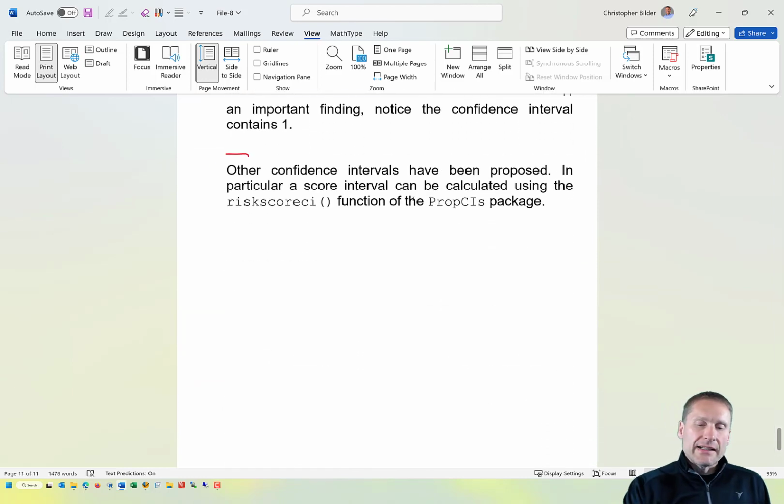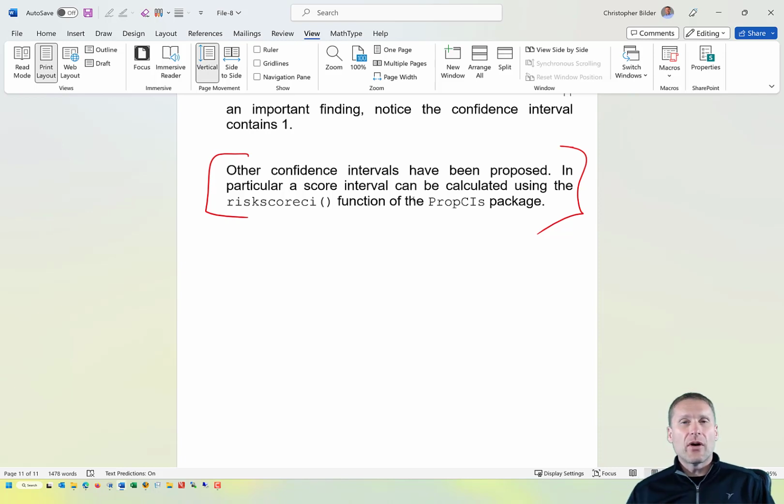Okay. Lastly, similar to what we've seen before for confidence intervals for pi 1 minus pi 2, there have been a number of other confidence intervals proposed for the relative risk. The one that I gave you is most commonly used, and it's a very good confidence interval. It performs well in comparison to other confidence intervals. That's why I chose to do that one.